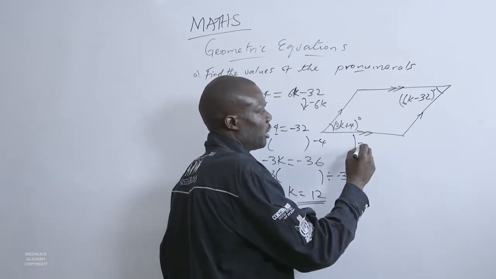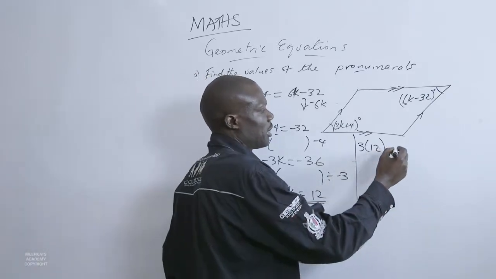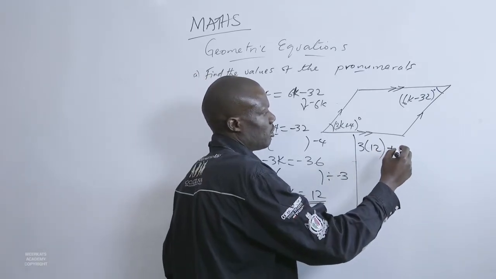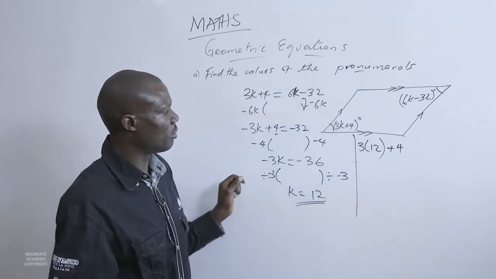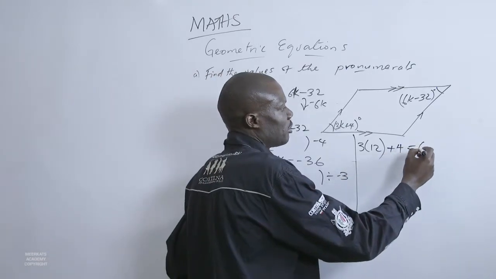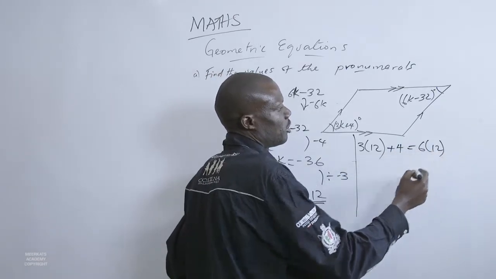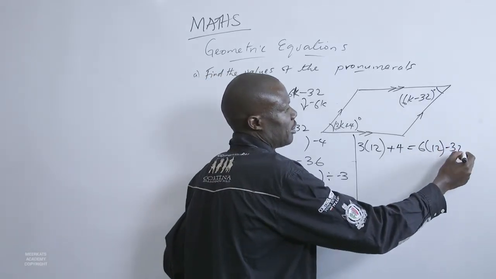Therefore, 3 into k, which is 12, plus 4 should be the same as 6 into k, which is 12, minus 32.